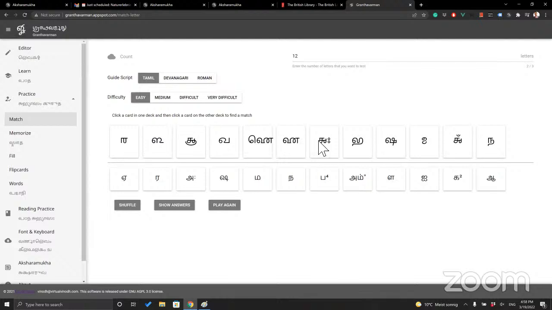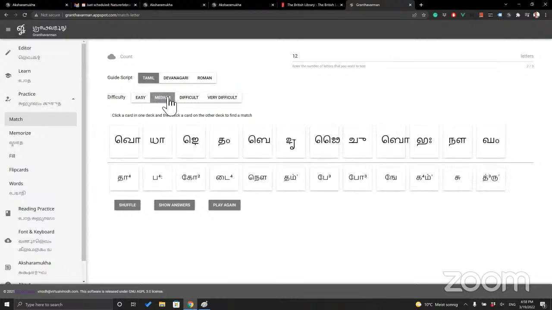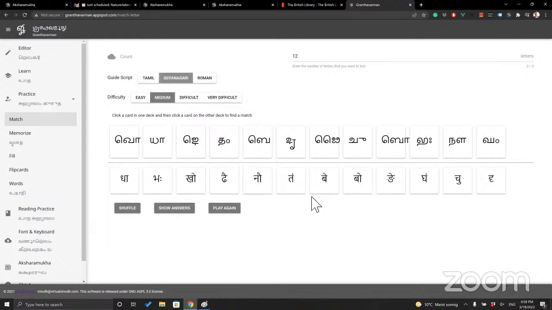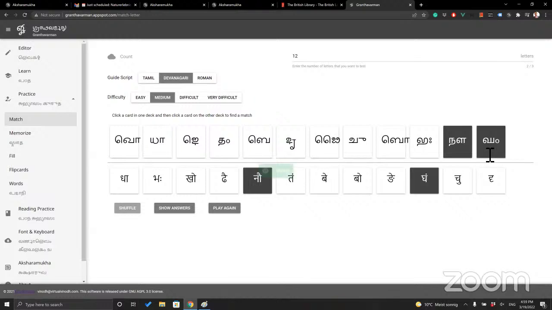So again, keep it as easy. That gives you a basic consonant vowels. And if you say medium, it gives a combination. So I want to find, let's say to Devanagari, right? I want to say what's now, which is here, right? I want to find gum, and it's here, right? And I want to find ne, which is here, and I found it here, right? And I want to find dha, and I found it here, right?